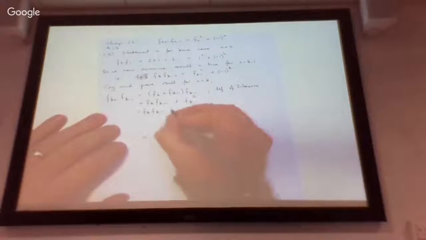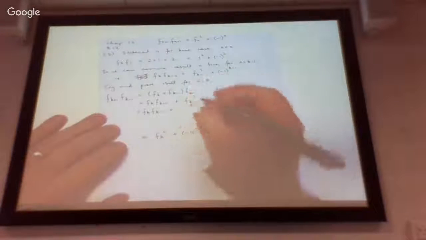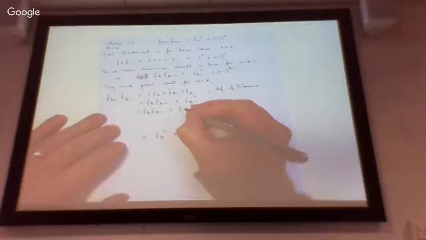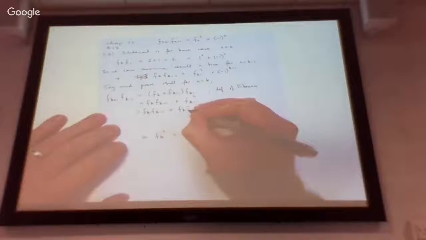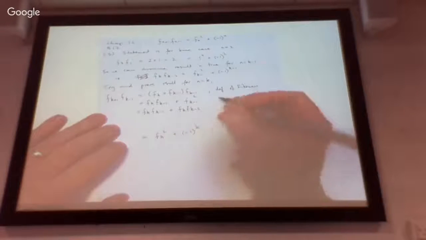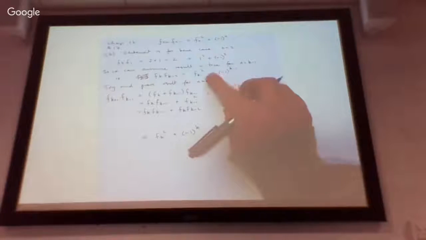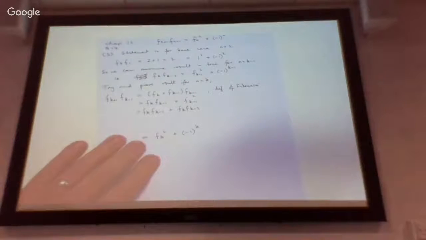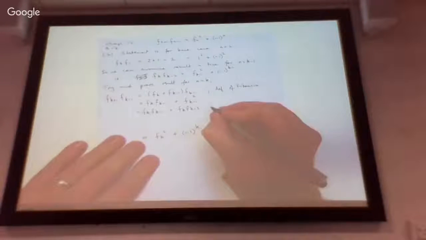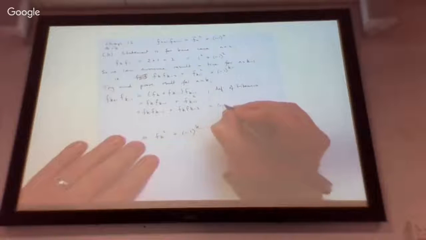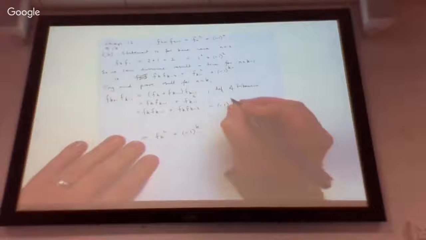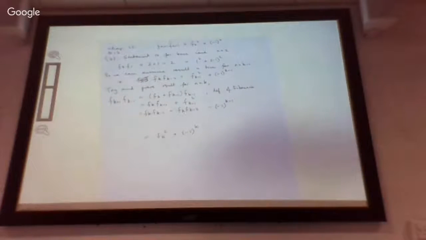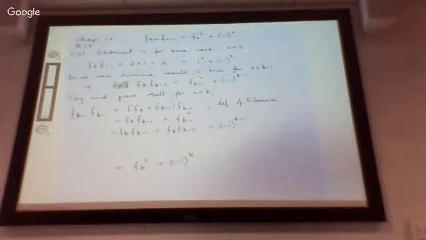So instead of f_{k-1} squared, I've got the product f_k with f_{k-2}. And then I have to send that minus 1 over to the other side, which would be minus 1 to the k minus 1. Remember, these are minus 1 to a power.